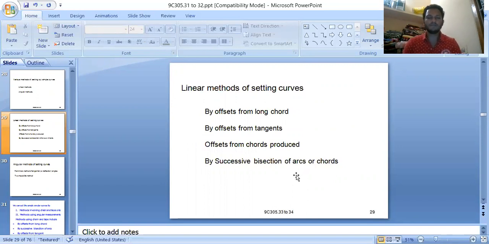Again, we have 2 methods in offsets from tangent: the perpendicular offsets method and the radial offsets method. We will discuss all the methods in detail, and we will solve some problems related to these methods.